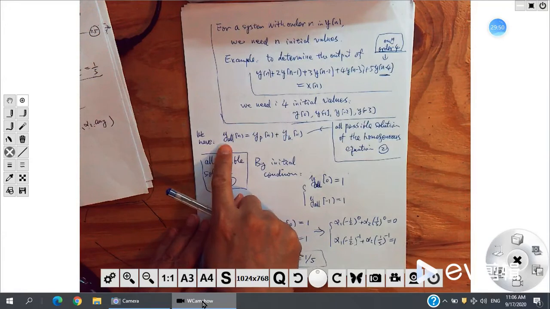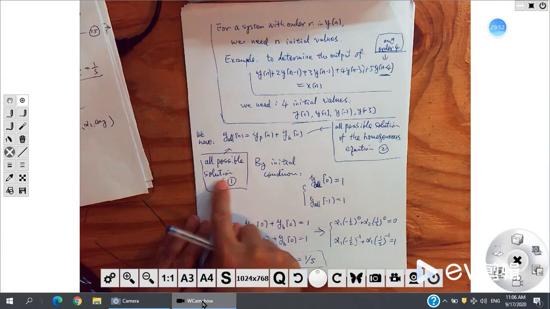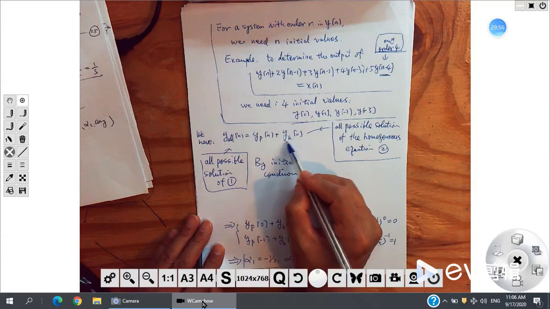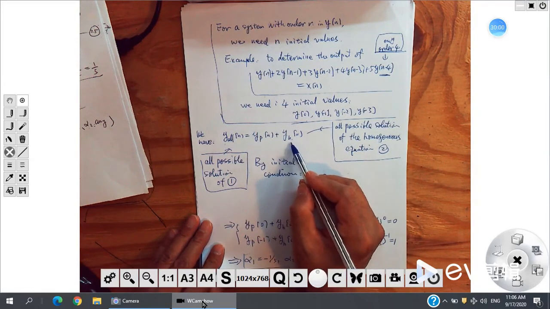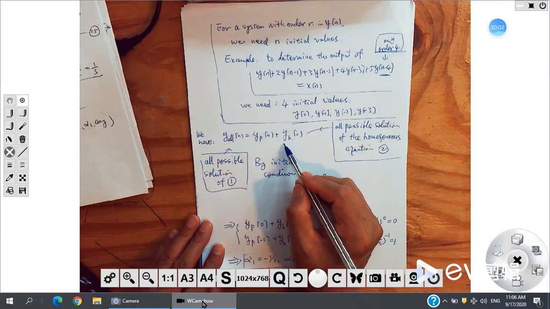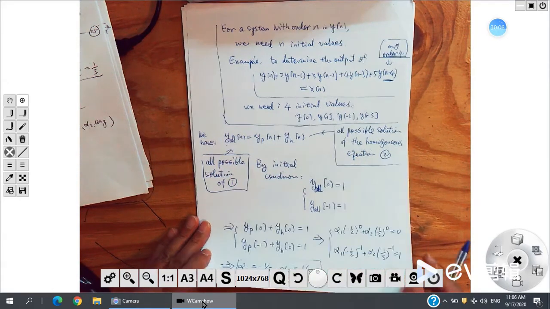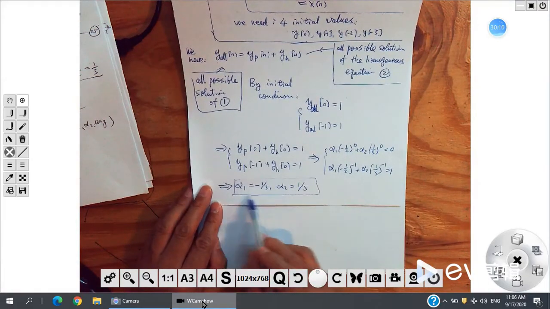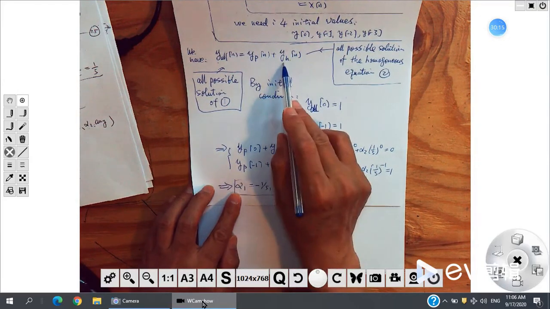Here for this y_r, all possible solutions, because in y_h we have two free coefficients, alpha 1 and alpha 2, that could be any value, so they give us all possible solutions. We have a lot of solutions. And now by this initial condition we have two particular values for those free coefficients in y_h.